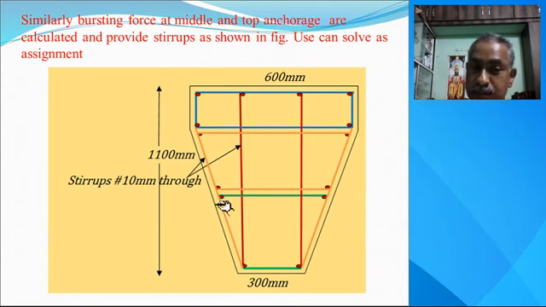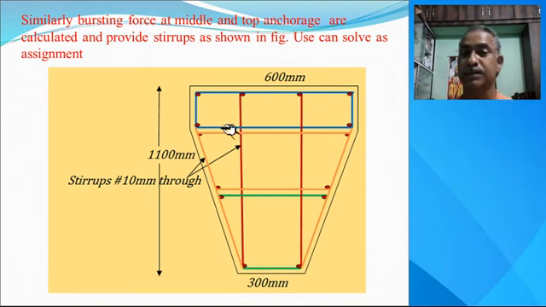You can solve this problem for the middle and top portions. I have already solved it, and this is the reinforcement detail for the total section. This is one stirrup, another stirrup, one more stirrup, but for the total section we can provide a single stirrup like this, and also another single stirrup like this. Now this is about the design of the end block.